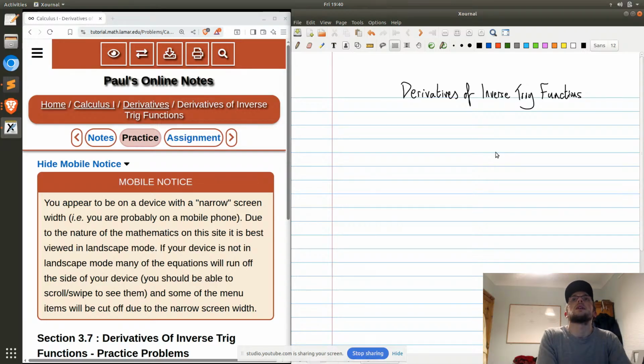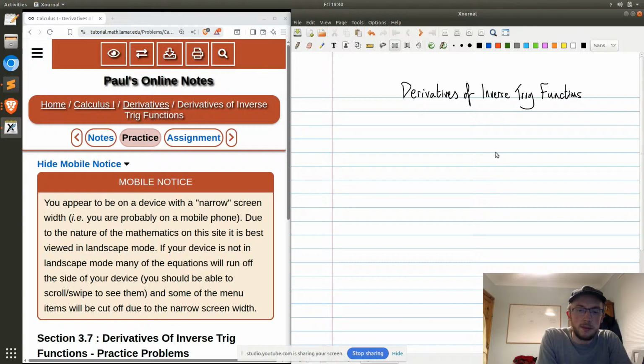So the domain of the inverse sine function is -1 to 1, and the range is minus pi over 2 to pi over 2. And what about the inverse cosine function?